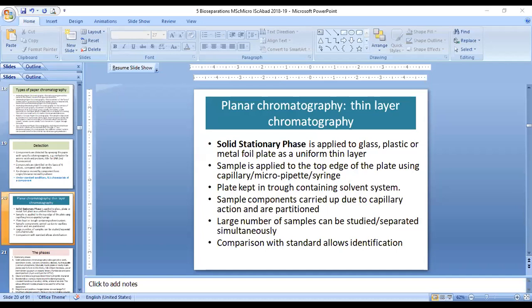So again, this is a surface phenomenon. The separation is going to happen because the sample molecules are going to interact with the stationary phase and with the mobile phase. So there is going to be partitioning between the stationary and mobile phase. Different components of that mixture will have different partition coefficients, and based on that, they will get separated.